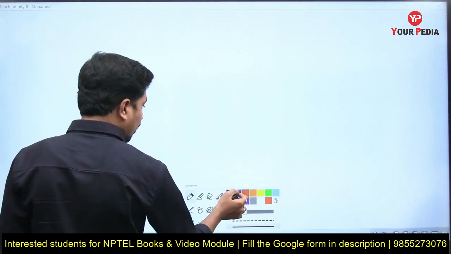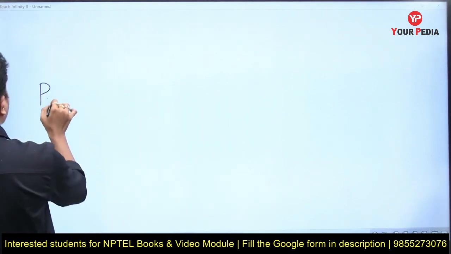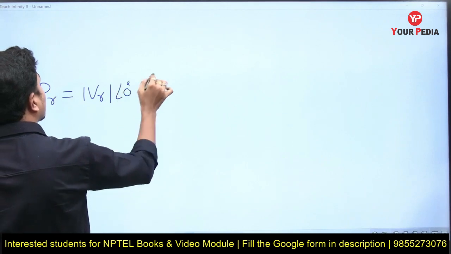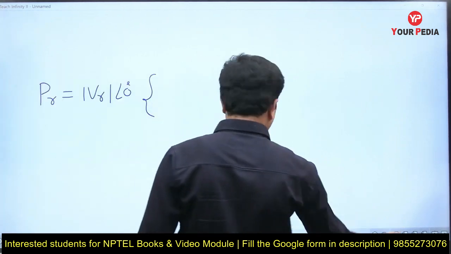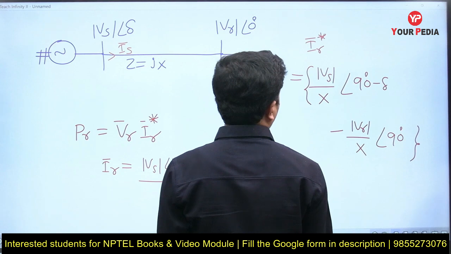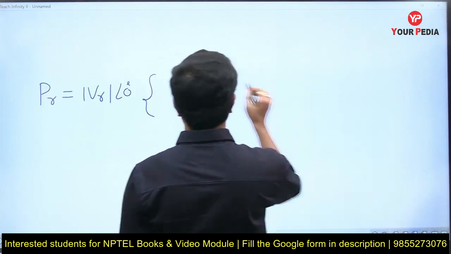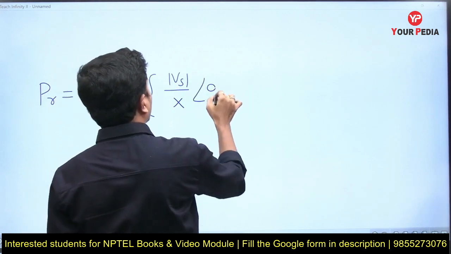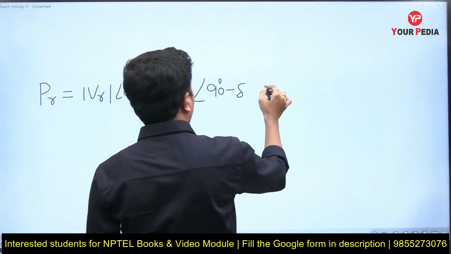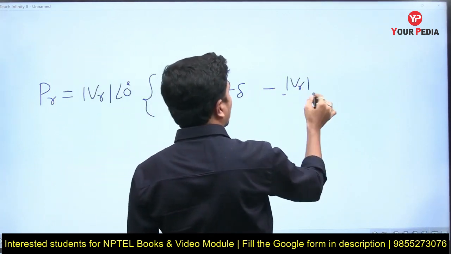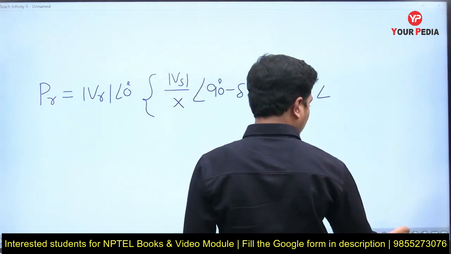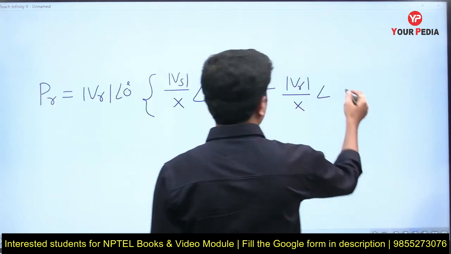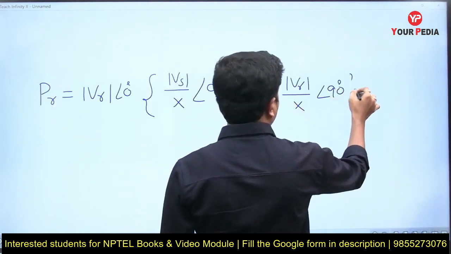PR is equal to VR, which is mod VR at an angle of 0 degrees, into IR, which is mod Vs by X at an angle of 90 minus delta minus mod VR by X at an angle of 90 degrees.